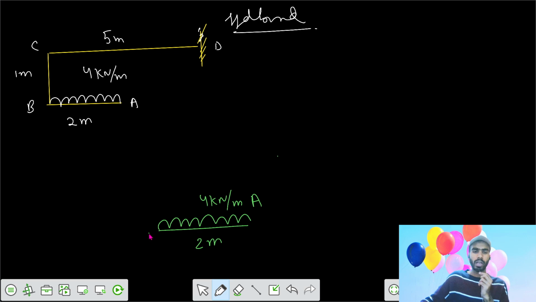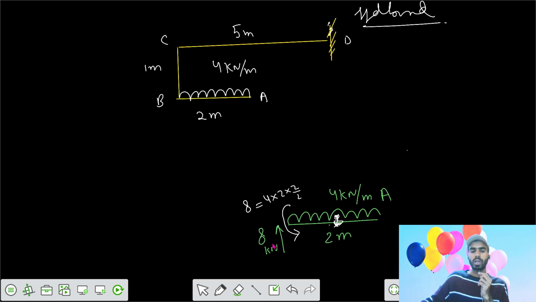So the reaction here would be an upward shear force of 8 kilonewton, and the moment developed here, because of this UDL acting for 2 meters, is a force of 8 kilonewton acting at 1 meter from this section, trying to make a clockwise moment. So here the moment developed would be anti-clockwise: 4 into 2 into 2 by 2, equal to 8 kilonewton meter.